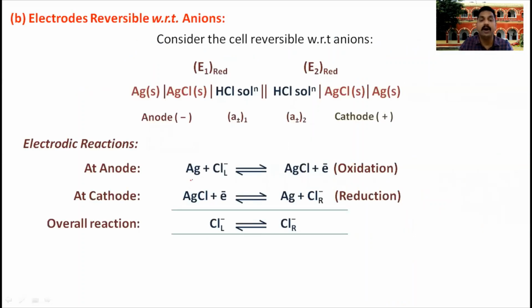If you take the oxidation reaction of this one, if we increase chloride ion concentration, more and more reaction will happen, which means forward reaction will take place. But when we decrease the chloride ion concentration, what will happen? Reverse reaction takes place, which means reduction will happen. Thus this reaction is reversible with respect to chloride ion.